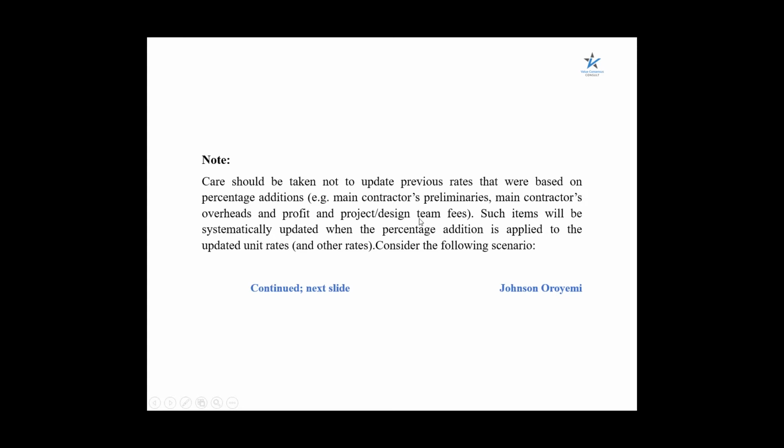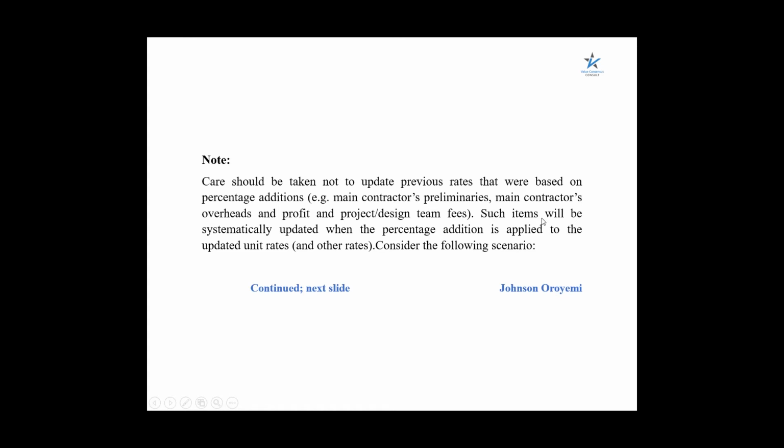The reason is that if we use it without excluding all these percentage additions, we are going to be allowing for main contractor's preliminaries, overheads, profit and project design team fee more than what we should allow for.